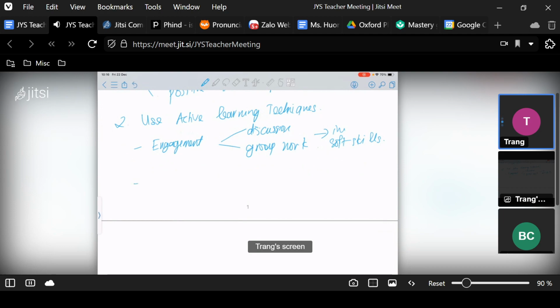We can use some multimedia technology and real-world examples. For example, we can use images, videos, and sounds to give them examples for some new words.